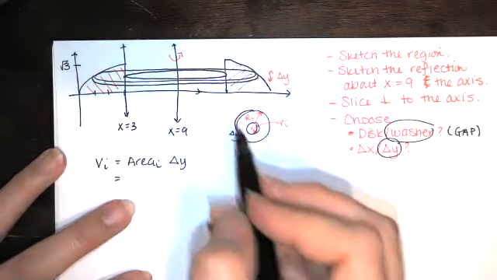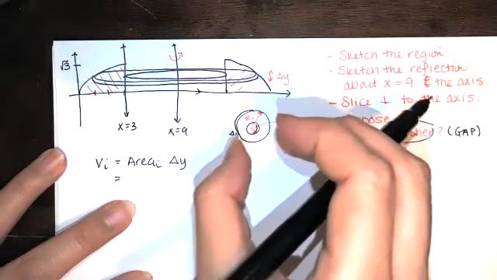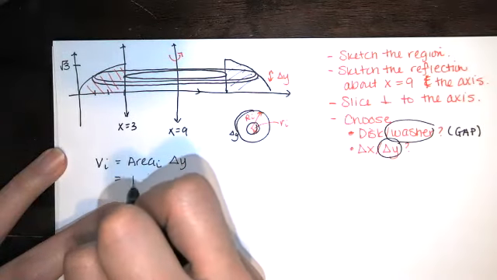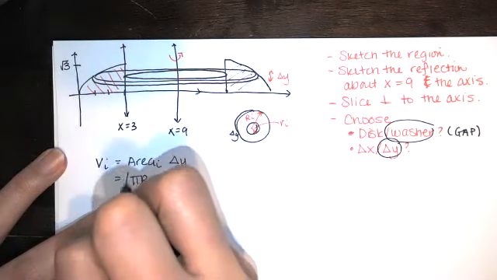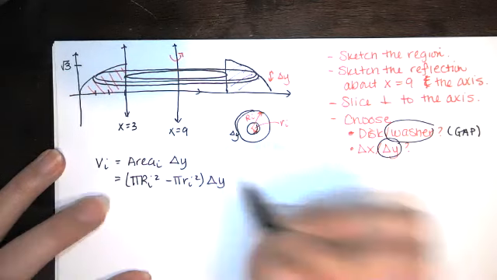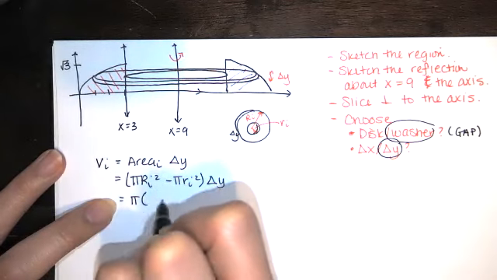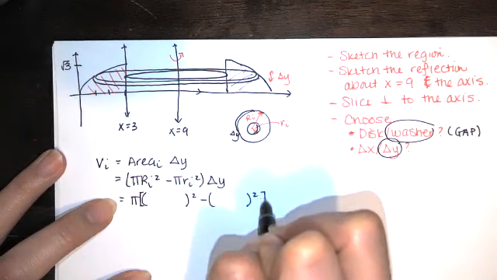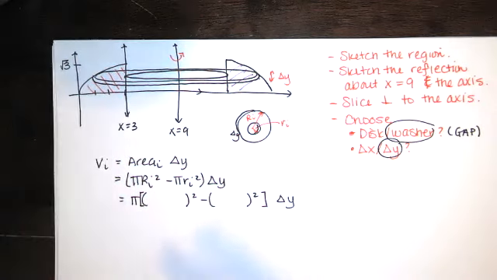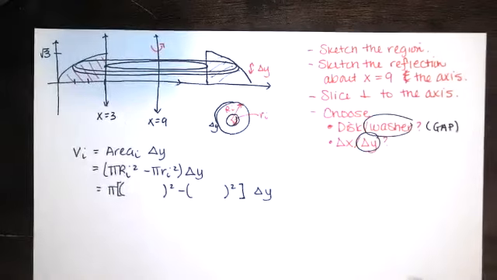And the area of the face of this washer is just the area of the larger circle minus the area of the smaller circle, which is pi r squared in both cases, just with different radii. Many people like to factor out the pi, including me. And then we see this.